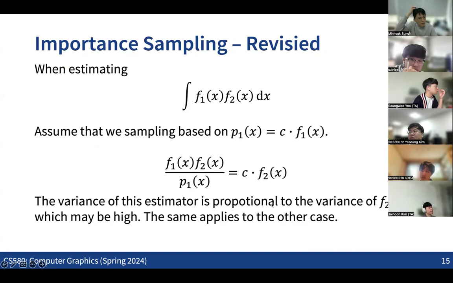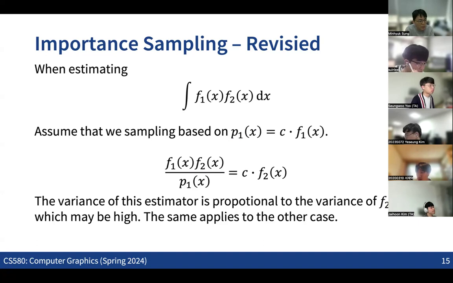More specifically, suppose we have a function f which can be decomposed into f1 and f2. In that case, we choose one of the functions and find a probability density function which is proportional to it.